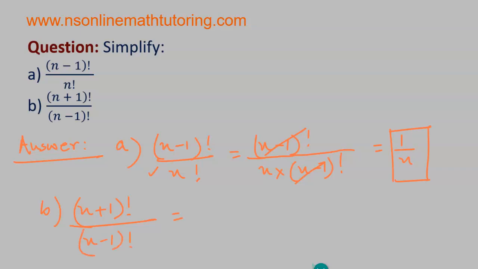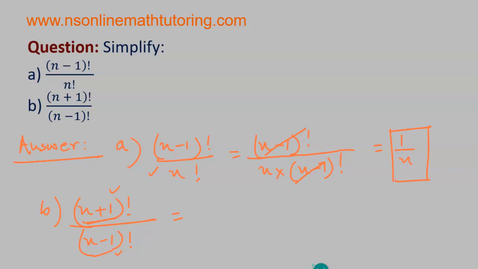So this is obviously, n is a positive integer. To that n, you are adding a plus 1 for the numerator, and you are subtracting 1 from n for the denominator. So which one will be the larger number? Obviously n plus 1 will be more than n-1.